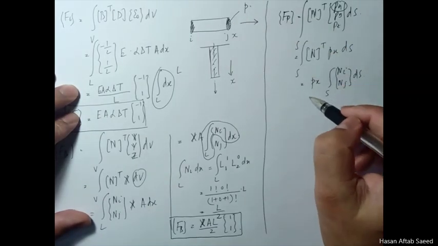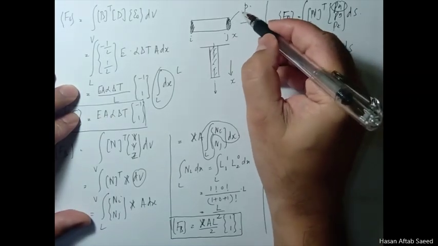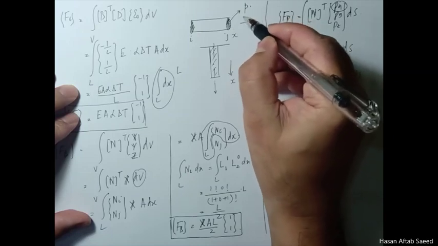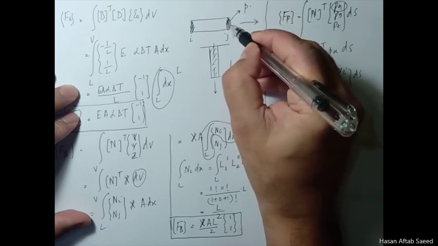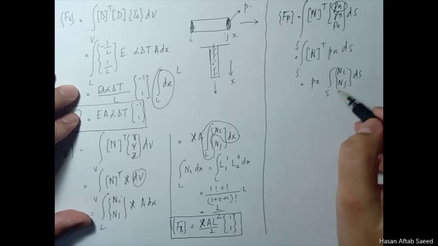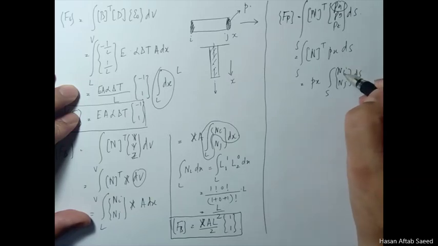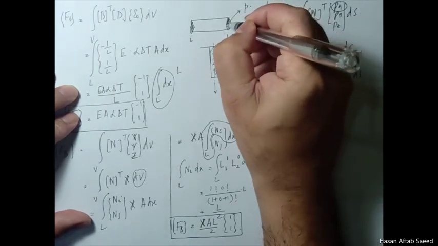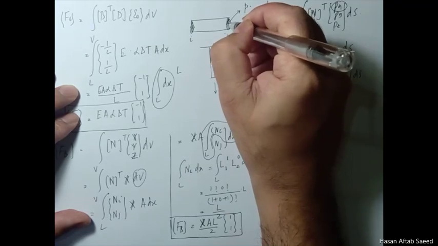But if we come to this, if we consider that P is only applied in this direction and on the J node only, then this I node has this. What was the first property of shape functions? It was 1 at its own node and 0 at another node. So we are talking about this point. So Nj should be 1 and Ni should be 0.